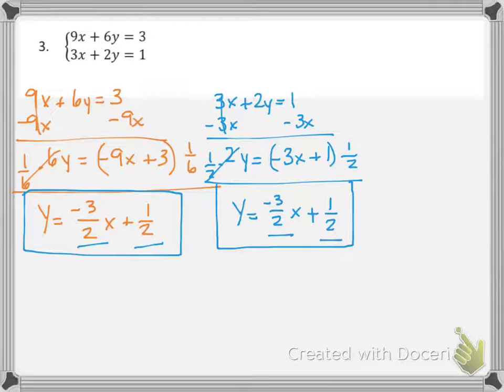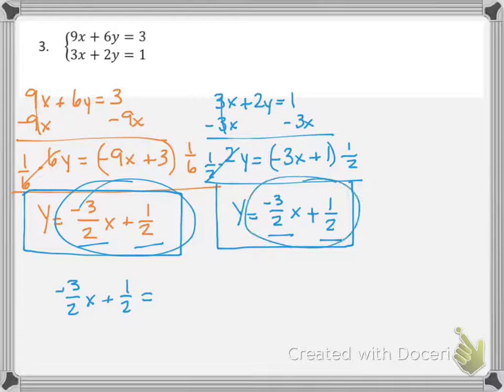All right, and I can prove that just by using substitution. I can say, well, this expression, negative 3 halves x plus 1/2, is equal to y, which is this expression, negative 3 halves x plus 1/2. And when I say that, it's like saying 5 equals 5, or 2 equals 2, or 10 equals 10.